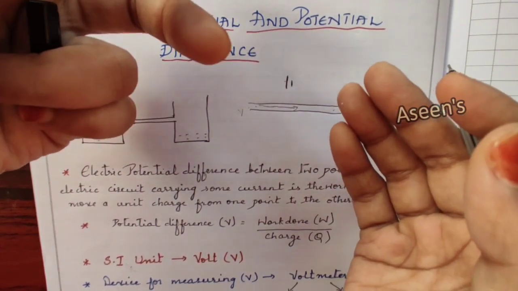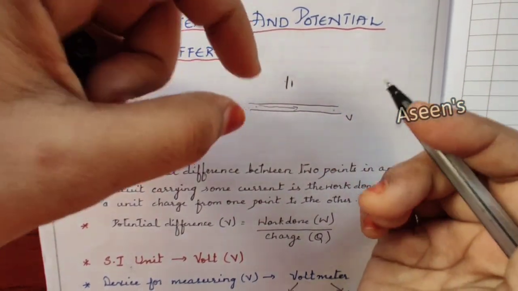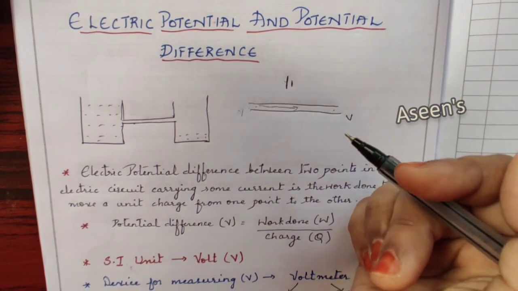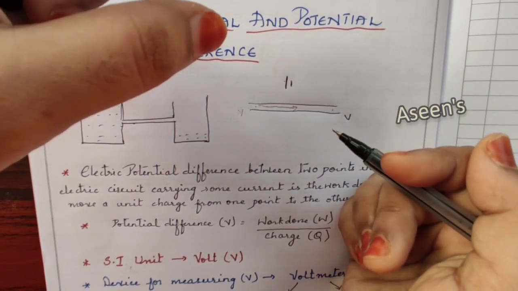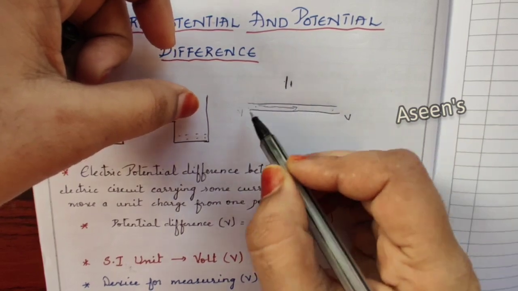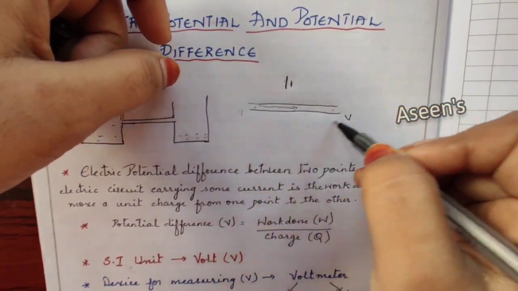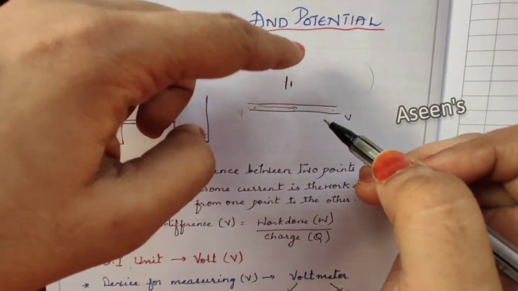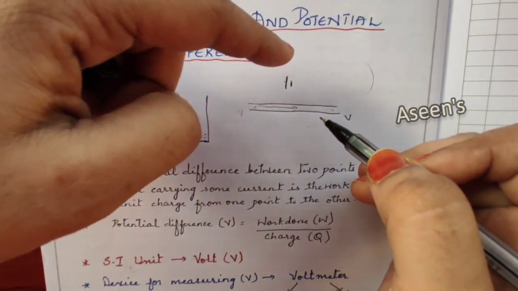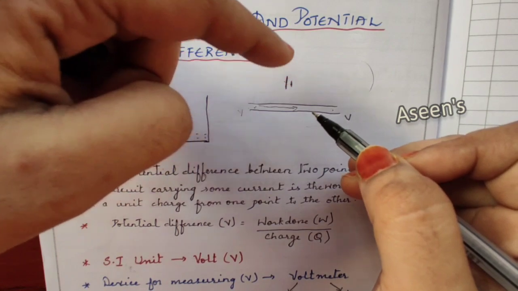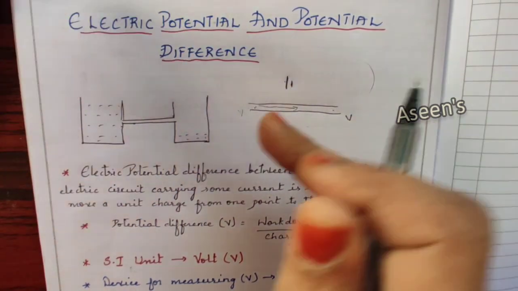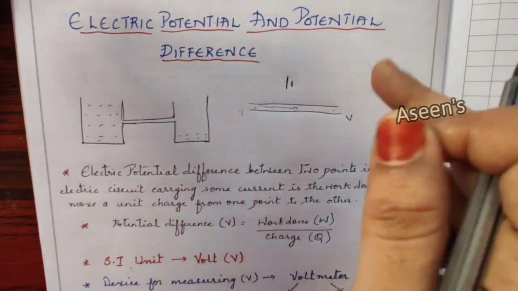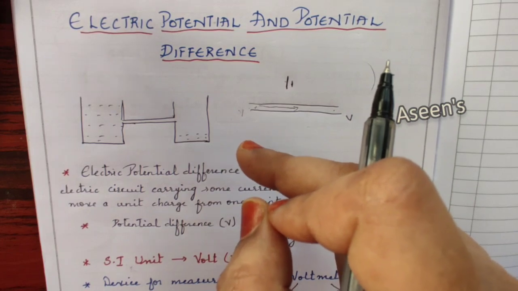So a cell or a battery will help you to establish this potential difference. We think it is going to give you power. No, it is actually causing the potential difference so that the charges keep on running. It is not establishing the electricity, but causing the potential difference for the charges to keep on running in the circuit.